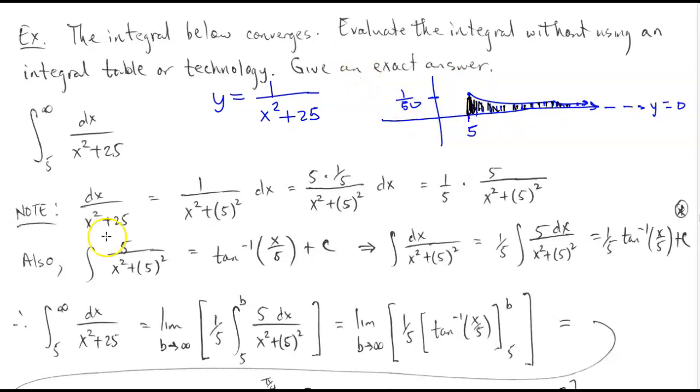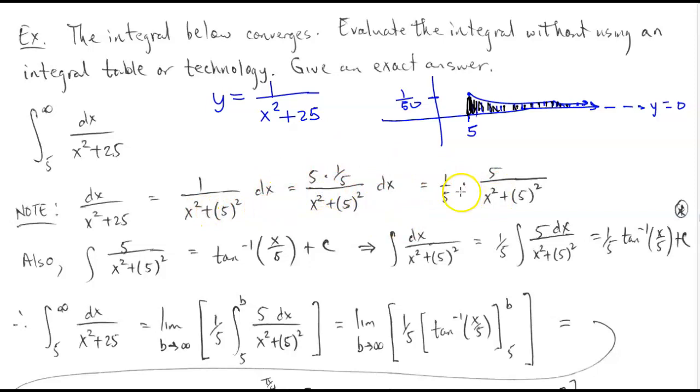Ignoring the limits of integration here, this is just a simple integration problem where our integrand can be rewritten as 1 divided by x squared plus 5 squared.